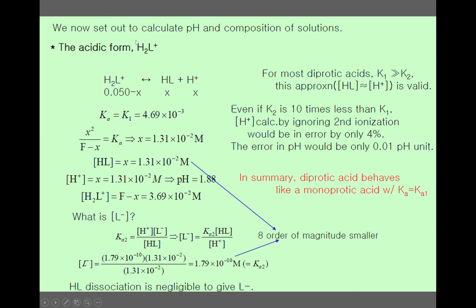So our initial assumption, that the second dissociation may be negligible, is true because there is a really big difference. Look at the concentration difference between the HL and L minus forms. It is 8 orders of magnitude smaller. That's the usual case. So we can say HL dissociation to give L minus is negligible.